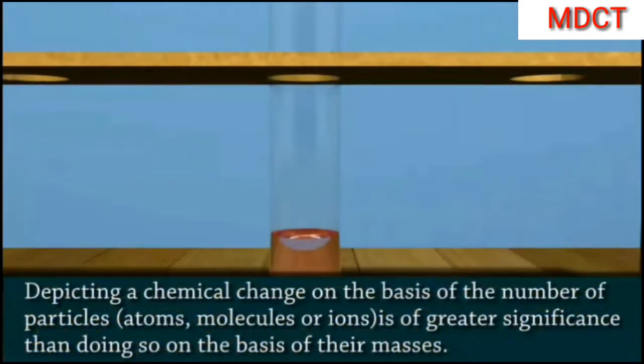We will realize that depicting a chemical change on the basis of the number of particles, atoms, molecules or ions is of greater significance than doing so on the basis of their masses.